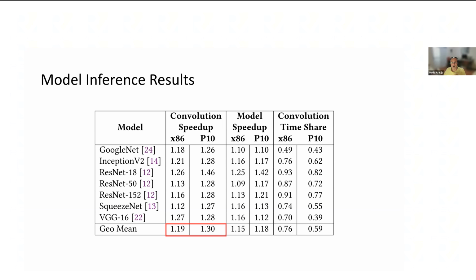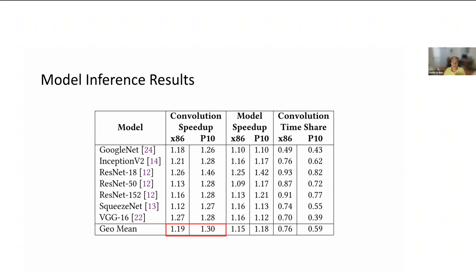Look, for example, at the ResNet here. You have a 46% performance improvement on POWER10. Given that the convolutions of ResNet 18 are 82% of the execution time for the P10 model, this reflects in a 42% speedup on the whole model for that network.